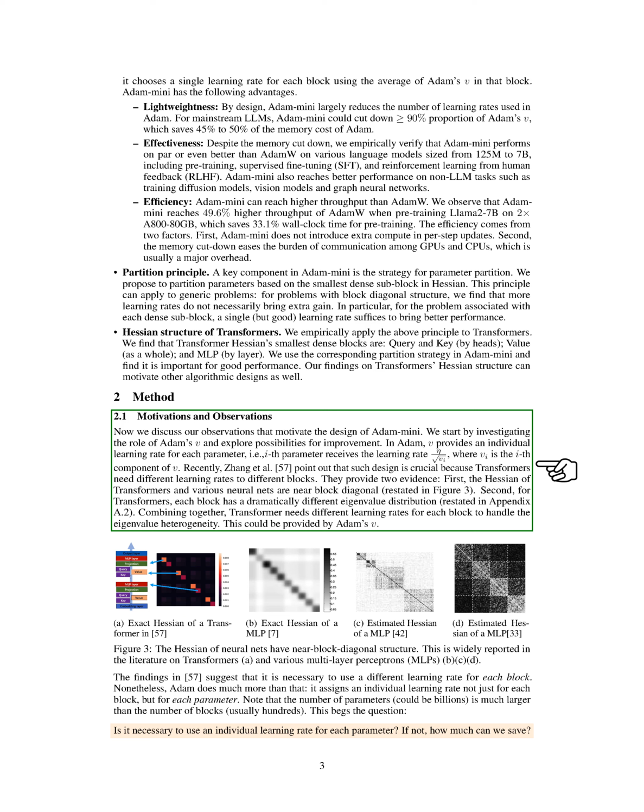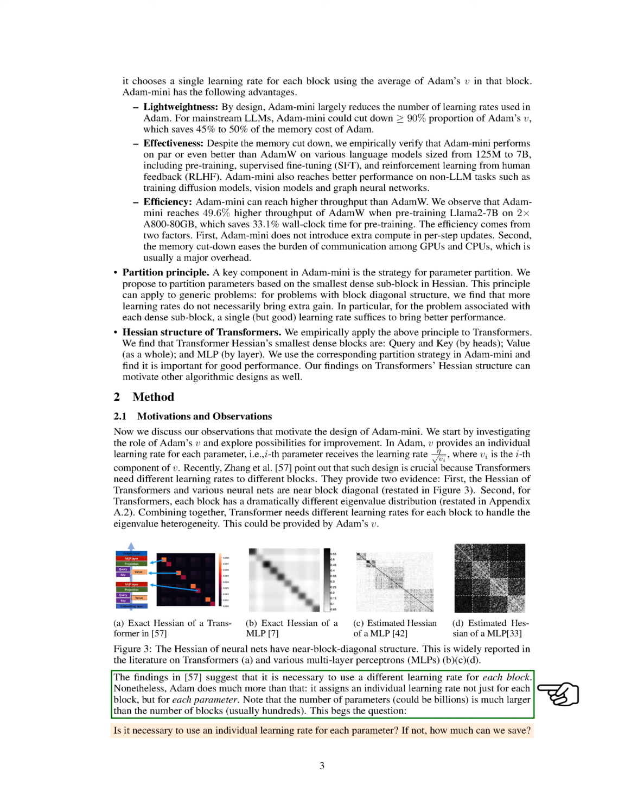This necessity arises from the fact that the Hessian matrices of transformers and neural networks exhibit a near-block diagonal structure, indicating the need for diverse learning rates across blocks. Additionally, each block in transformers displays a significantly different distribution of eigenvalues, further emphasizing the importance of tailored learning rates for optimal performance.